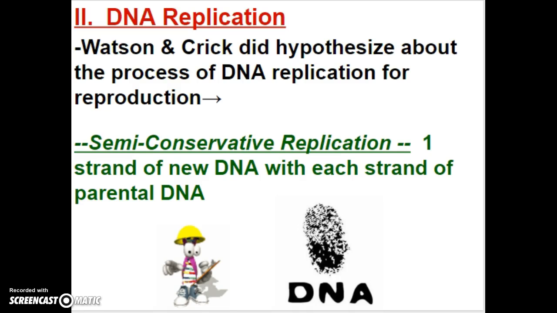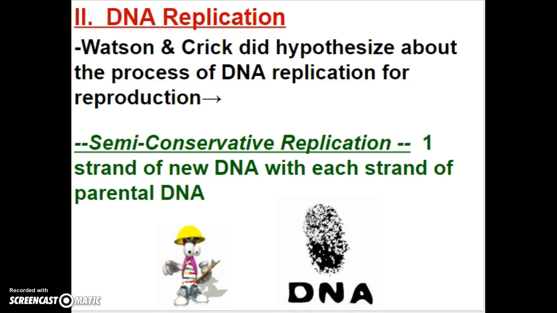Now, Watson and Crick did hypothesize about how new DNA gets into a cell. And the idea was, since we have this complementary base pairing, A's equals T's and C's equals G's, there is a way to get the same exact instructions in every new cell using this complementary base pairing method.